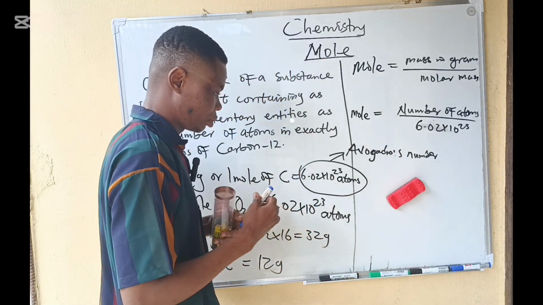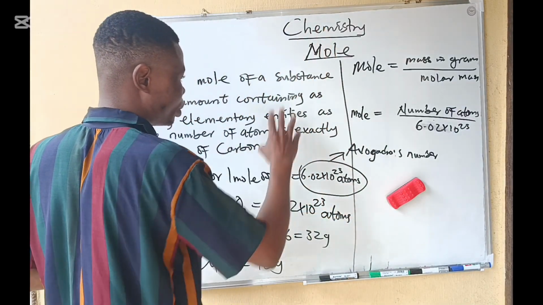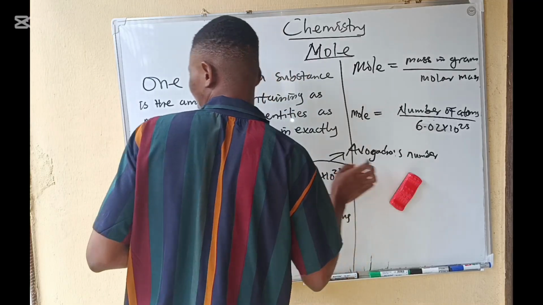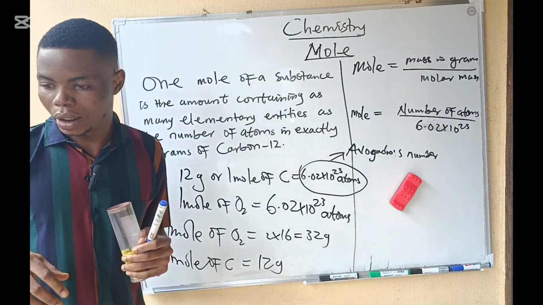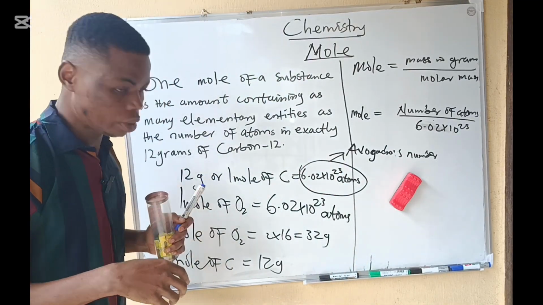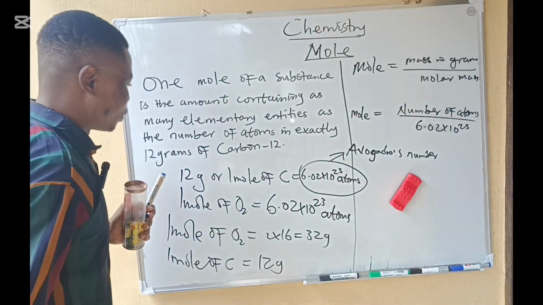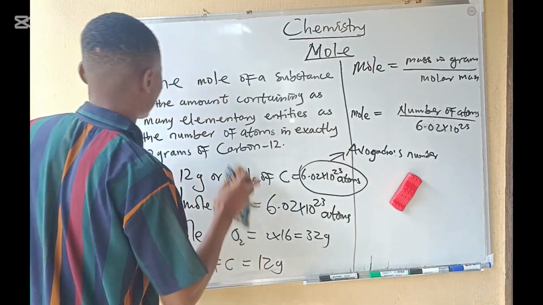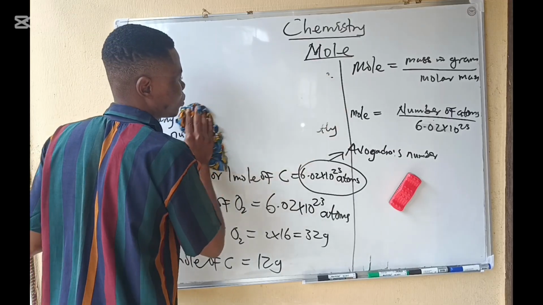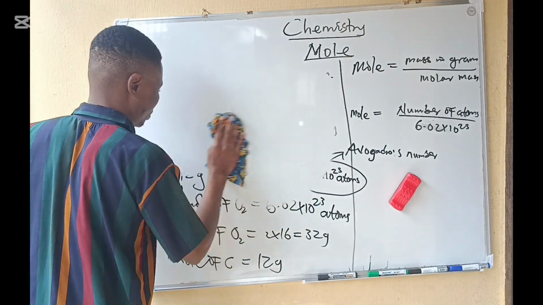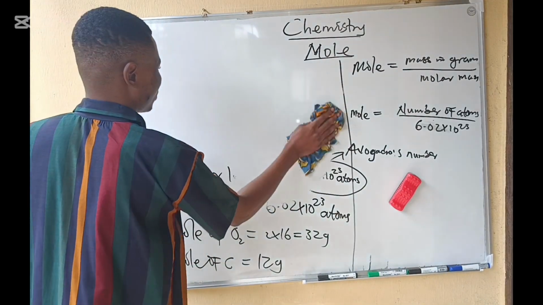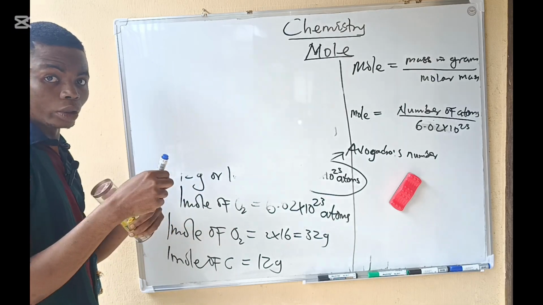So now, let me also expand on this mole, because we have other things to learn from it. Let me just erase this. Let's see this mole that you are seeing here.